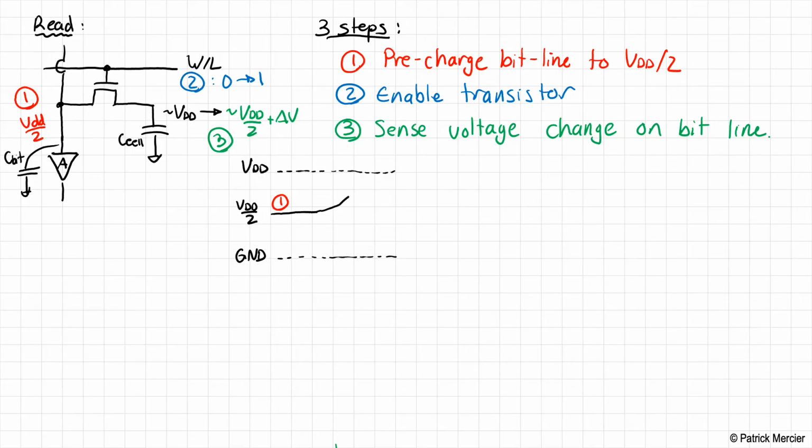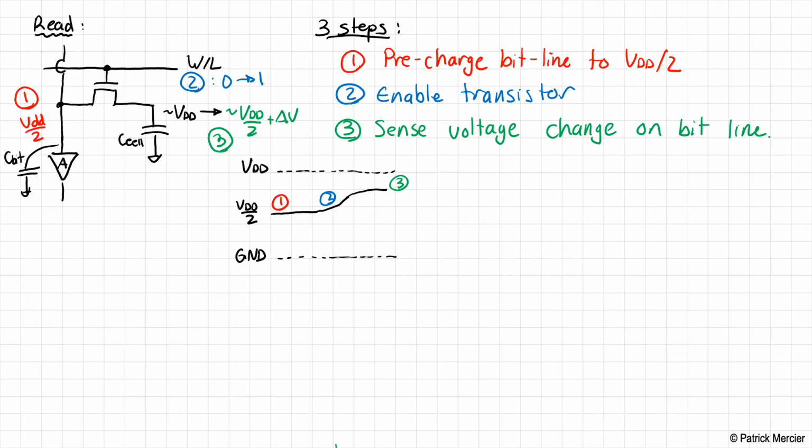We're going to start to share charge because the cell capacitor was charged to VDD and the bit line was charged to VDD over 2. When we short these two capacitors through this access transistor, the voltage is going to go up a little bit. So this is step 2 when the voltage starts to go up, and then at step 3 we make a decision.